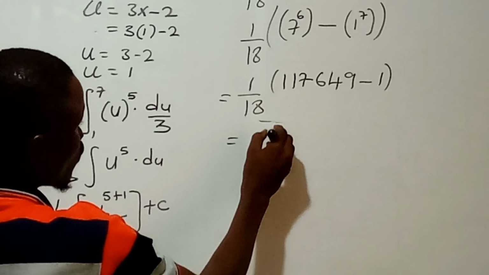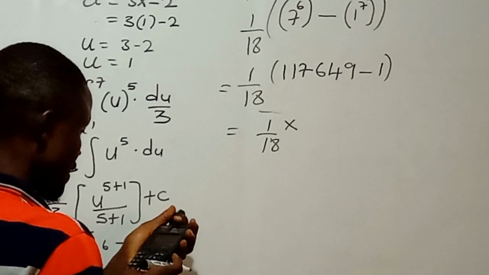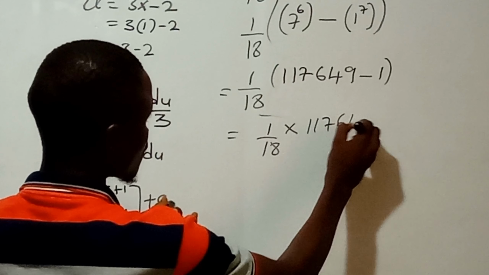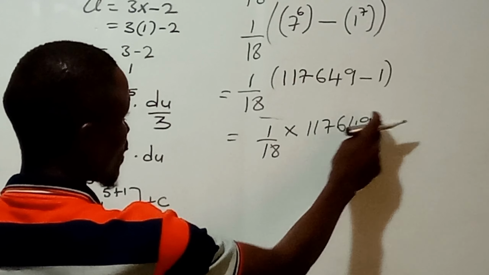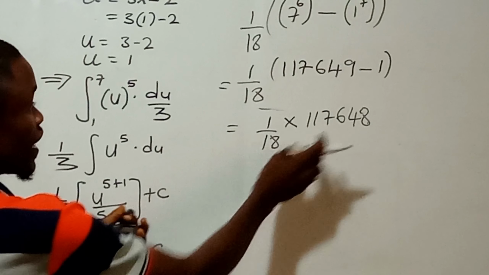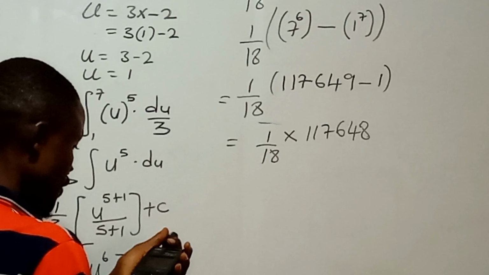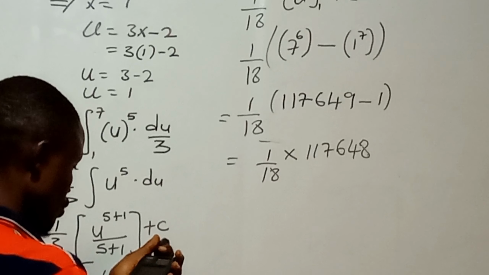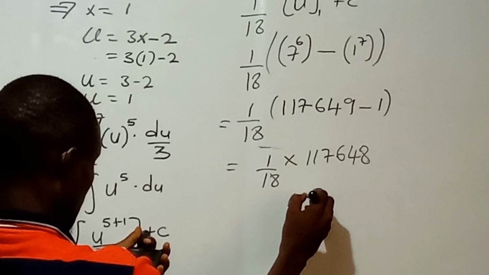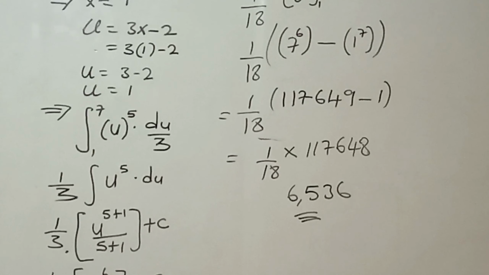So we have 1 upon 18 times the subtraction. When you subtract, 117,649 minus 1 gives us 117,648. So you divide this number by 18, and it will give us 6,536. So this is the final answer for this problem.